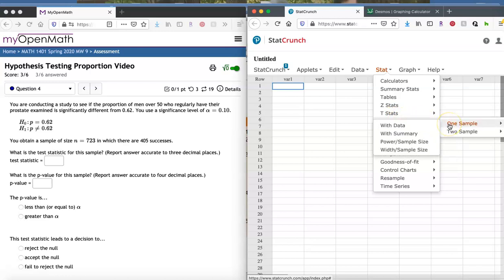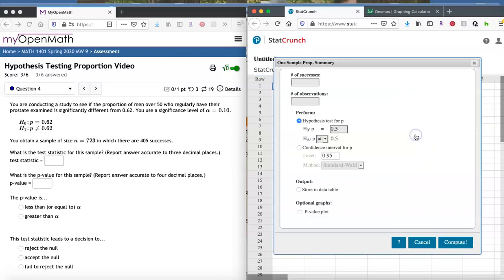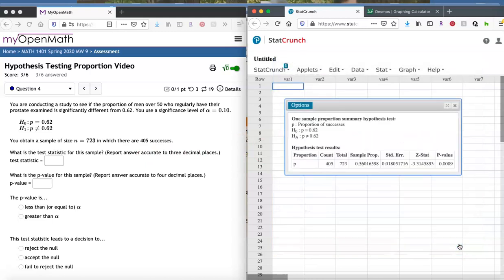We want 1 sample with summary. Okay, find the number of successes. Can you find it? 405. The number of observations, 723. P is equal to, change it to what's there, 0.62. This one does default to not equal to, and we compute.